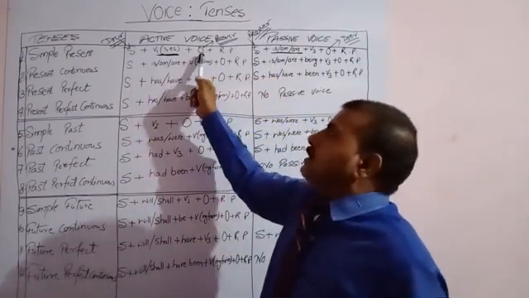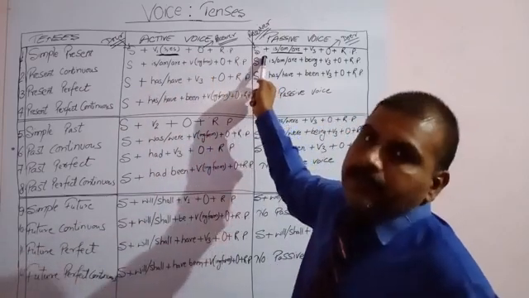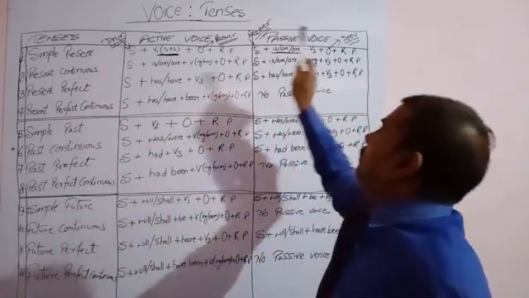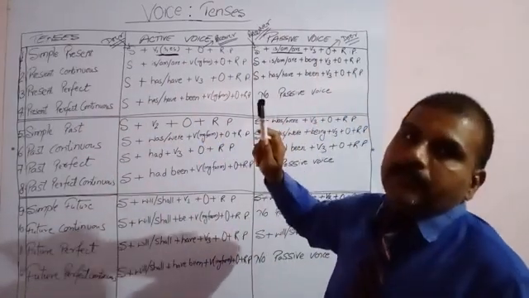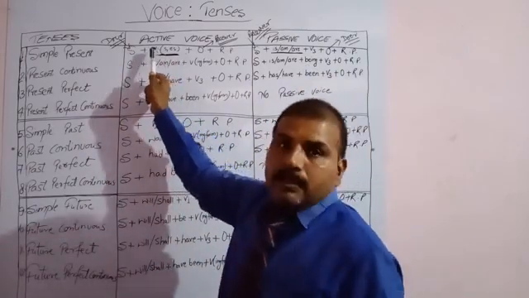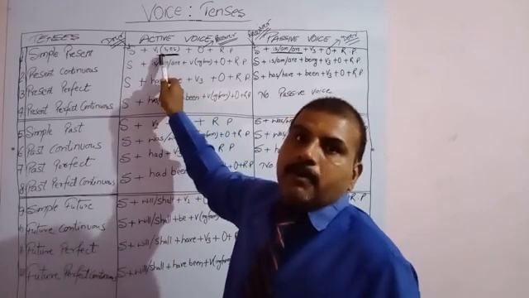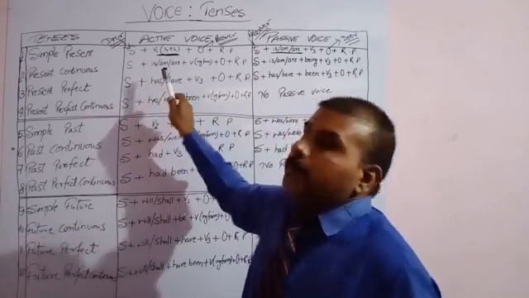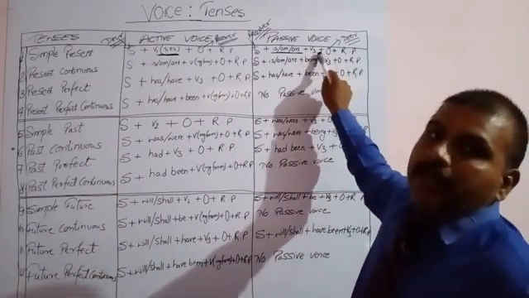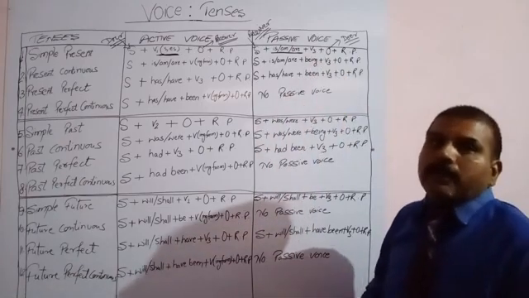What is the object in active voice becomes the subject in passive voice, and what is the subject in active voice becomes the object in passive voice. As per the tenses, we use the correct form of the verb in active voice, but in passive voice we always put the main verb in third form. V3 means verb third form.